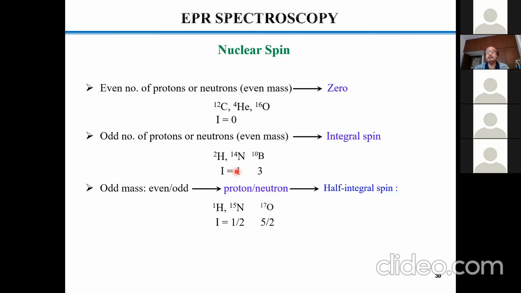On the other hand, if you go for even mass but odd protons or neutrons, that means 2H, nitrogen 14, boron 10, there you will have the integral spin 1 and 3. And you have another kind of nuclei where you can have odd mass and odd or even protons and neutrons.